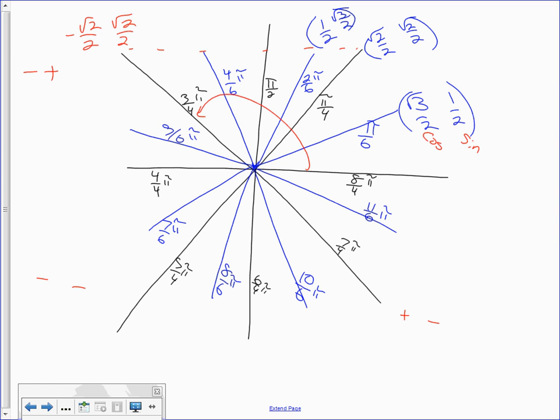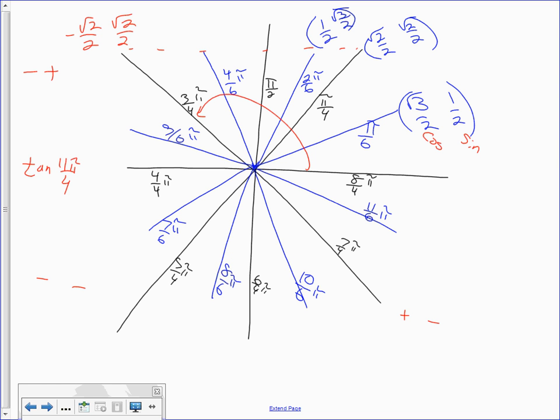Okay. I believe in the review stuff, it says tangent of 11 pi over 4 was one of the questions. What's the tangent of 11 pi over 4?